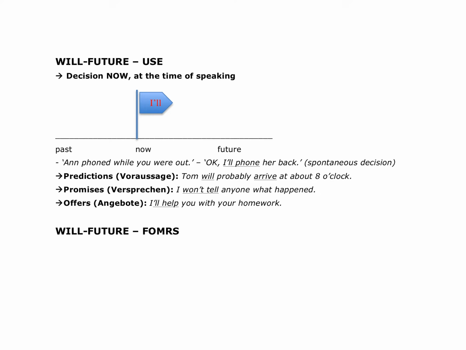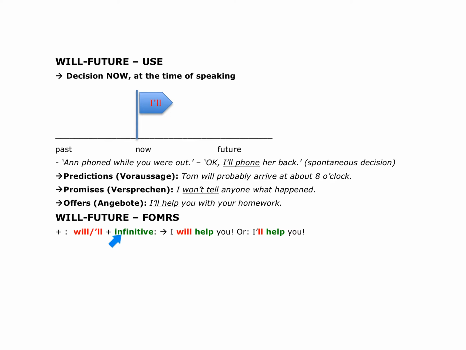Now let's have a closer look at the forms, so how you build your sentence with the will future. For a positive sentence, you use the auxiliary verb will plus the infinitive. So the will is in red, as you can see here, and the infinitive is in green. So the sentence is, I will help you.